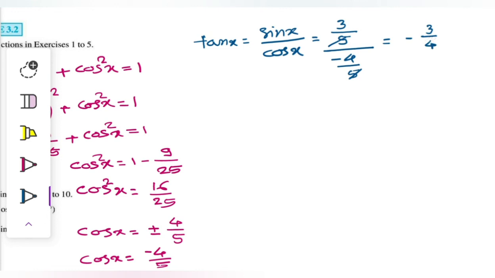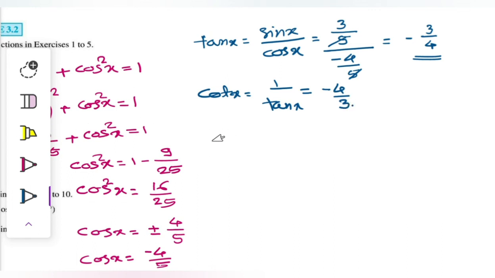In the second quadrant tan is negative, so the negative value is right. Cot x is the reciprocal of tan x, that is 1 by tan x, which is minus 4 by 3.